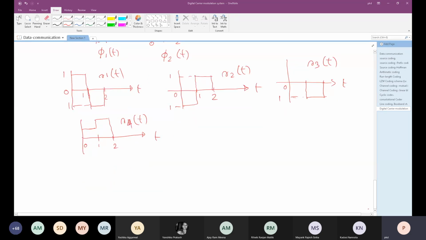So all these signals can be expressed in terms of say phi1t and phi2t in a signal space diagram. So if we have the two axes, this is phi1t and the orthogonal direction is phi2t.